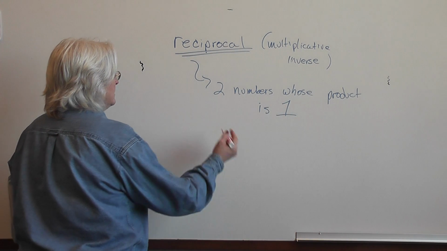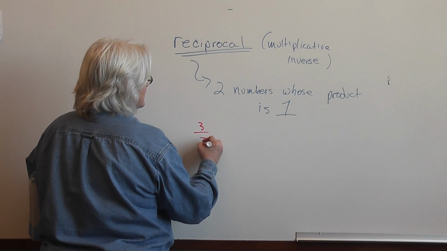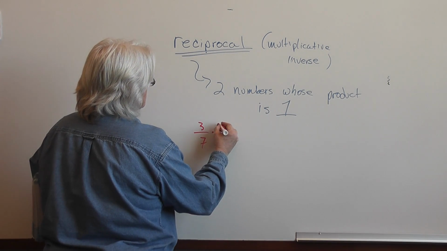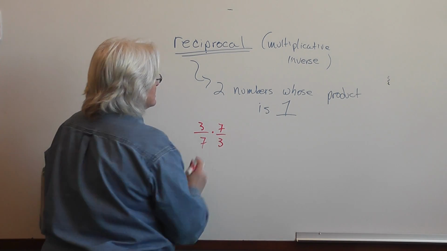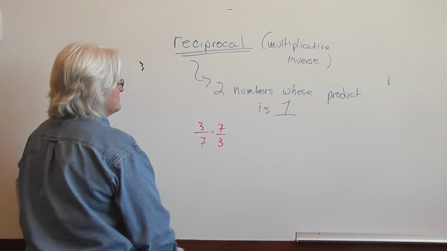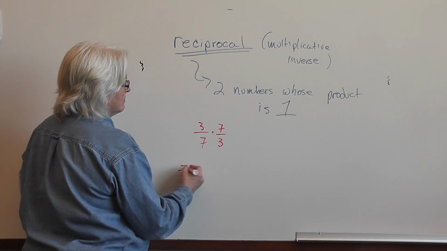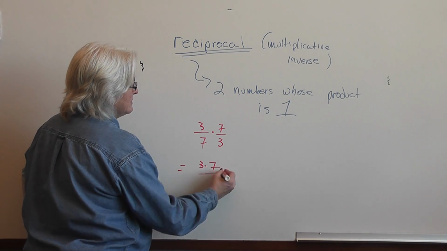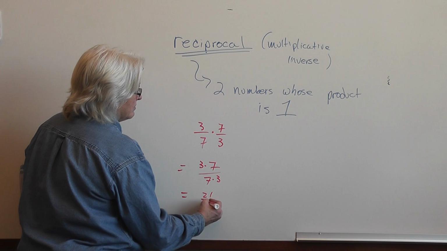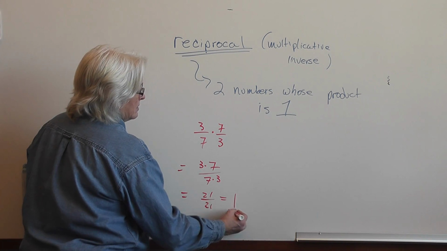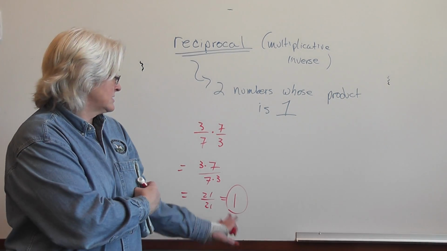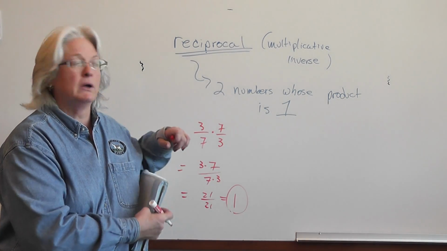So if you had 3/7 times 7/3, that would be an example of a pair of reciprocals, because when you multiply those together, 3 times 7, 7 times 3, is 21 over 21, which reduces down to simply a product of 1.